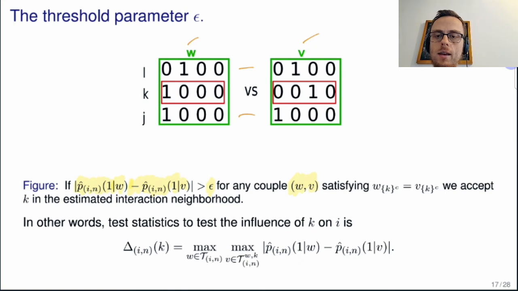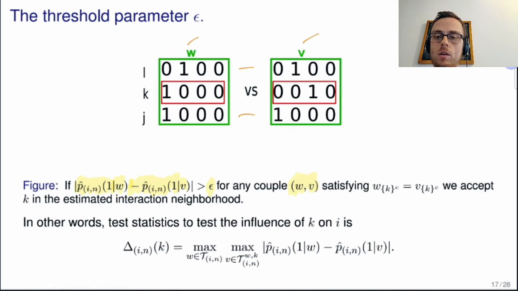Then in this case, if I compute p hat(1 | w) minus p hat(1 | v), and if this difference is larger than epsilon, then we say that k in fact influences neuron i, and it's natural to accept k in the estimated interaction graph.